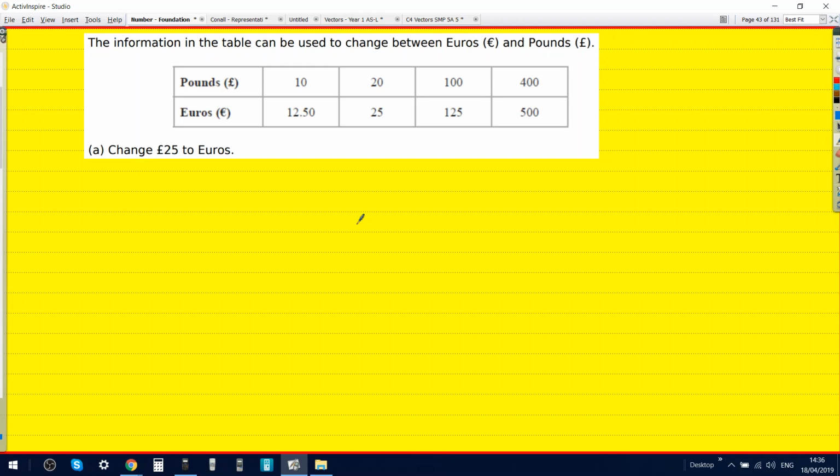You're greatly overcomplicating it. What would be £30? How would you get £30 in euros? Oh yeah, of course. It just goes up. So from 10 to 20, you just times 10.